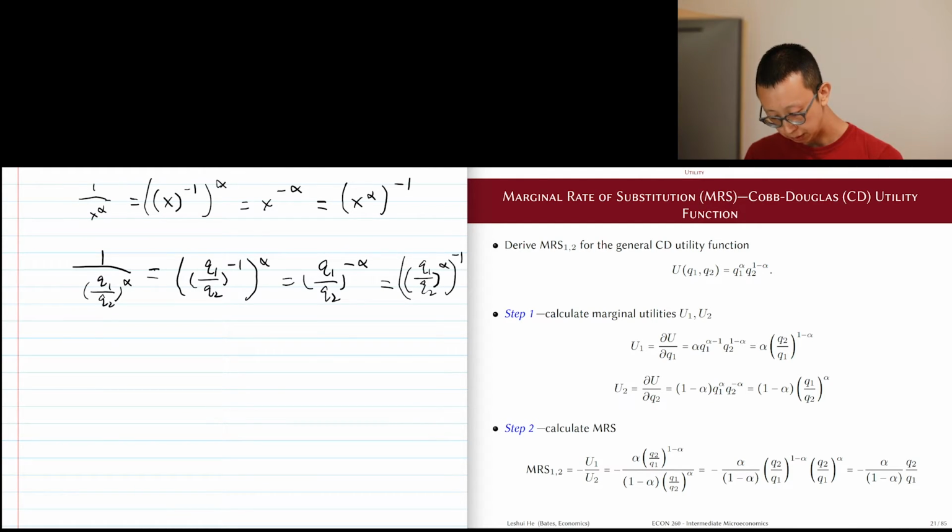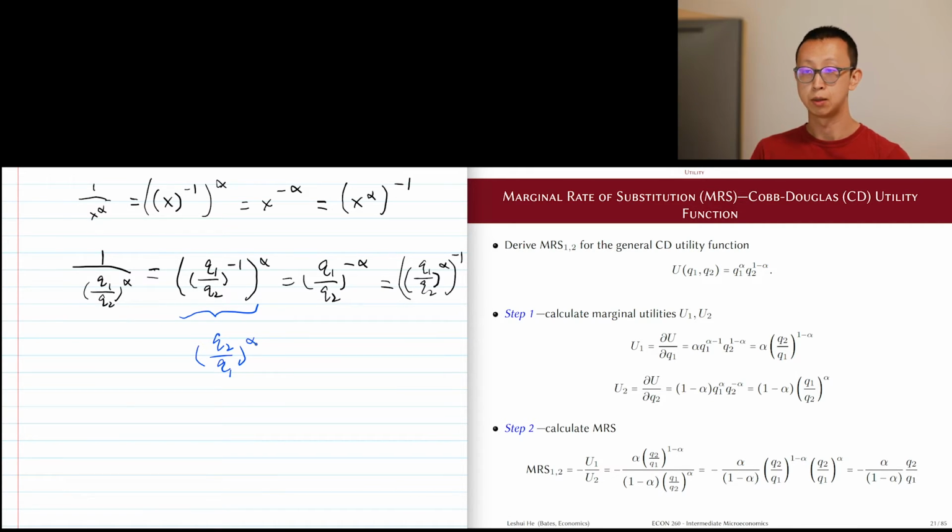But there is a particularly convenient expression we can take advantage of in this particular instance, and that is coming from this expression. We can in fact process the inside part of the power first, and that would give us q2 over q1 to the power of alpha. And that's exactly what we're showing on the right hand side of this expression.